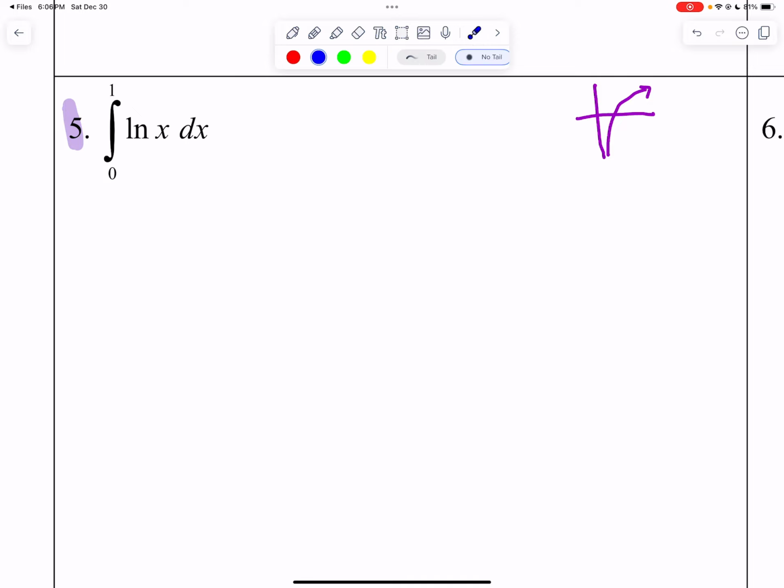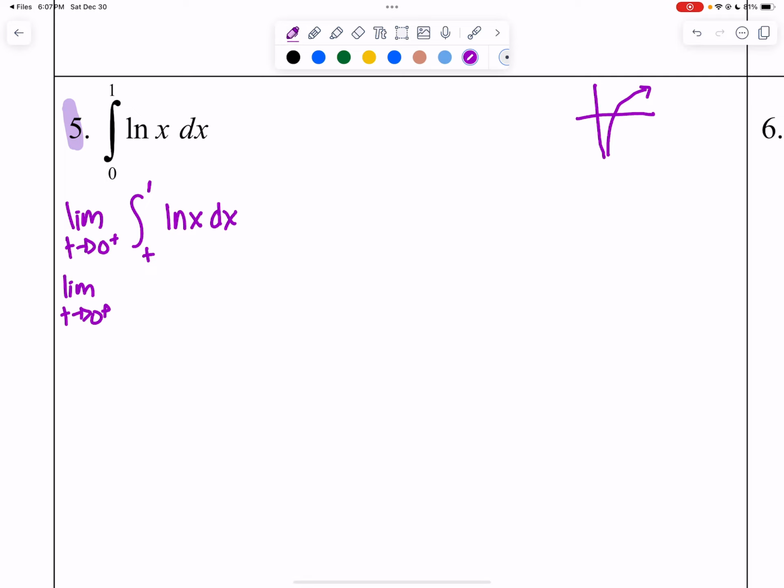If I were to make an arbitrary line, I'm moving my 0 from the right side. So now I have the limit as t approaches 0 from the right of the integral from t to 1 of ln of x dx.